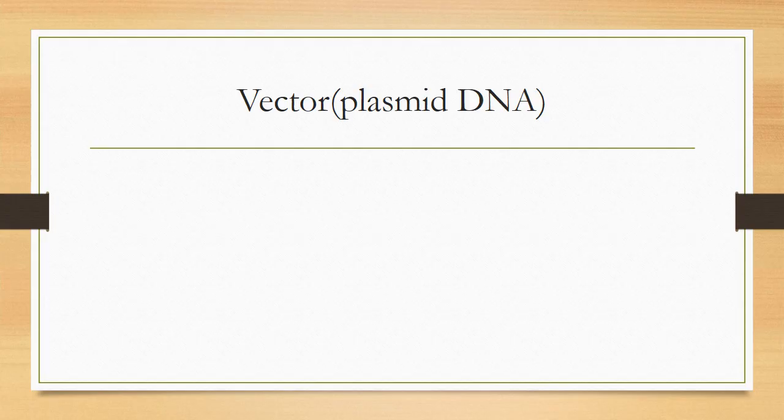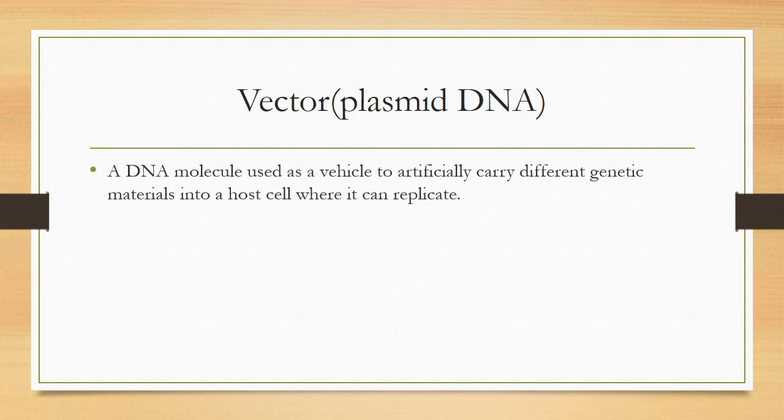So now on to our vector or our plasmid DNA. When we isolate this gene of interest, we cannot use it alone because it is not sufficient to help us in our experiment. So what we do is use vectors, and this is what vectors do.